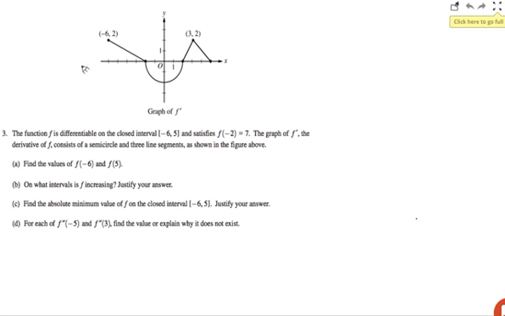Alright friends, for this I'm going to use a very basic concept which is called the fundamental theorem of integral calculus.